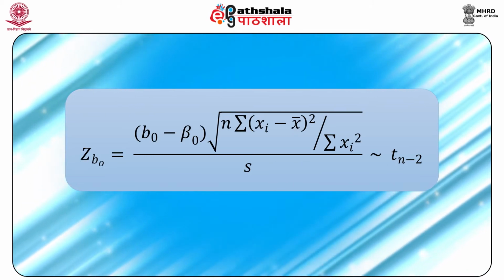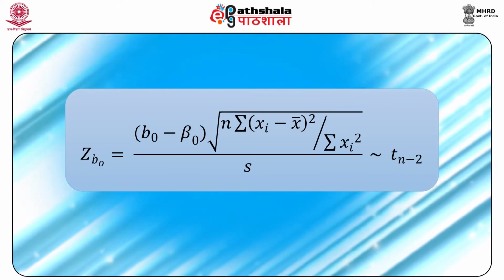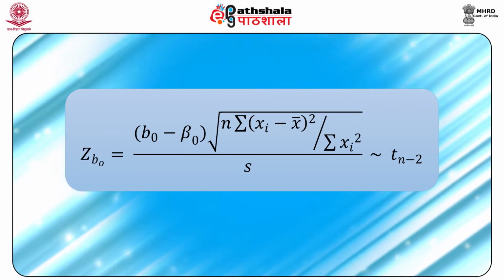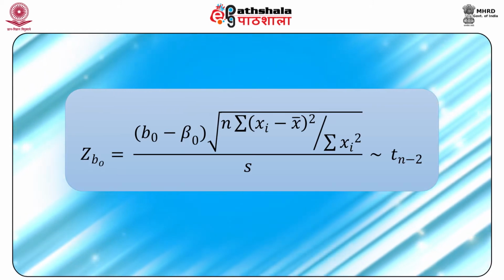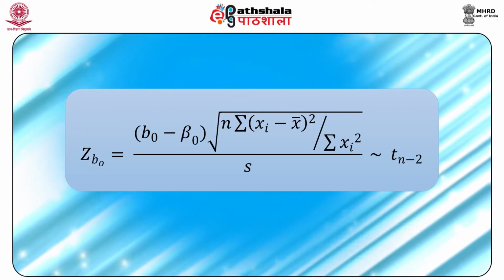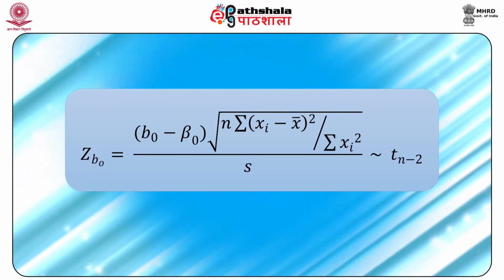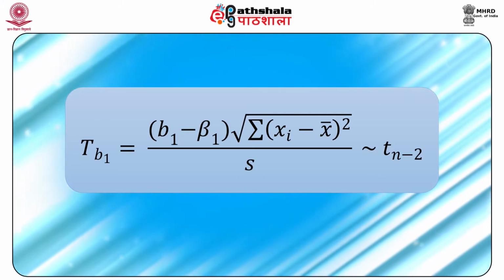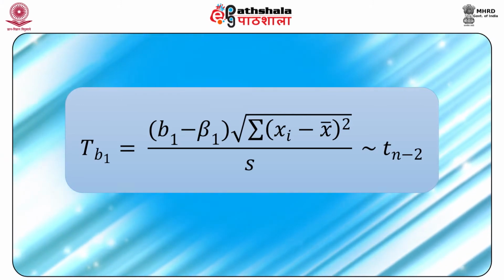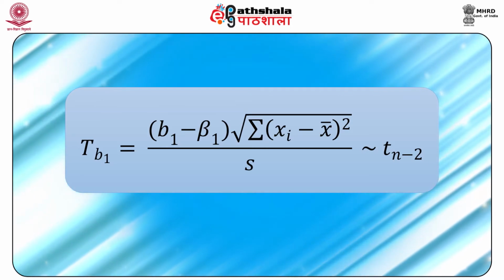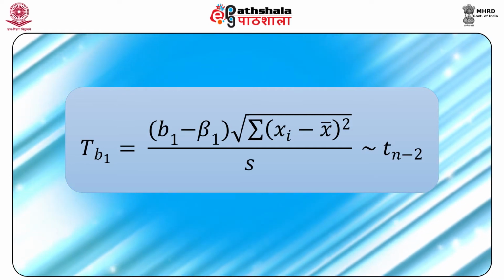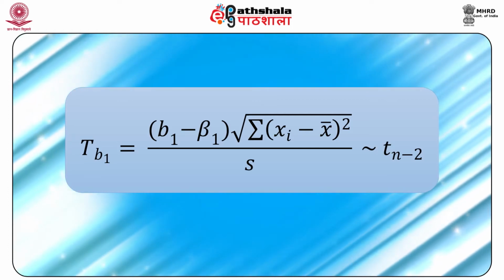So tb0 equal to b0 minus beta 0 into under the root n into sigma xi minus x bar square upon sigma xi square, upon s, is distributed as t with degrees of freedom n minus 2. Similarly, we can also write down tb1 equal to b1 minus beta 1 into under root sigma xi minus x bar square upon s, which is also distributed as t with n minus 2 degrees of freedom.